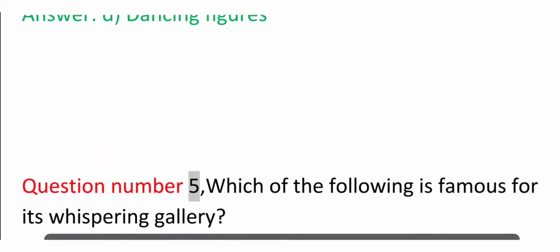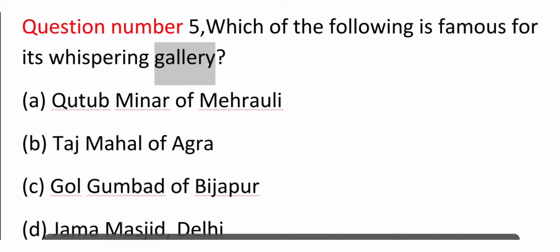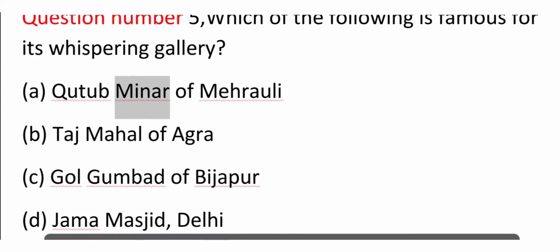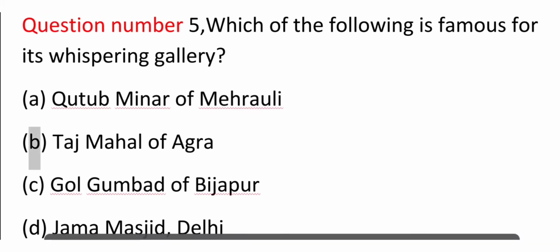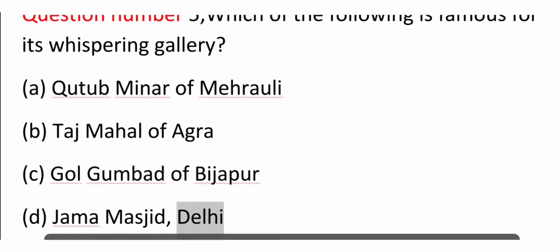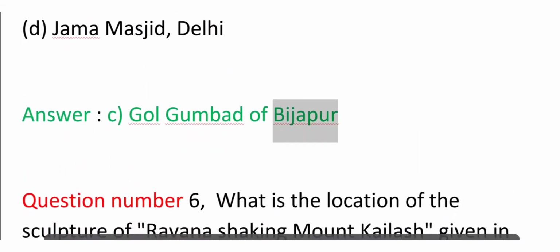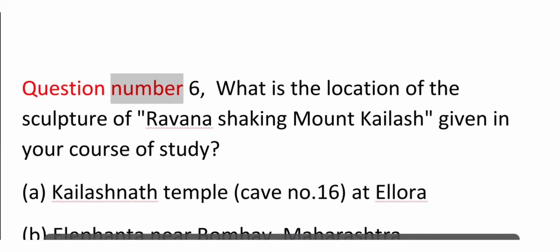Question number 5. Which of the following is famous for its whispering gallery? A. Qutub Minar of Mehrauli. B. Taj Mahal of Agra. C. Gol Gumbad of Bijapur. D. Jama Masjid, Delhi. Answer C. Gol Gumbad of Bijapur. Question number 6.